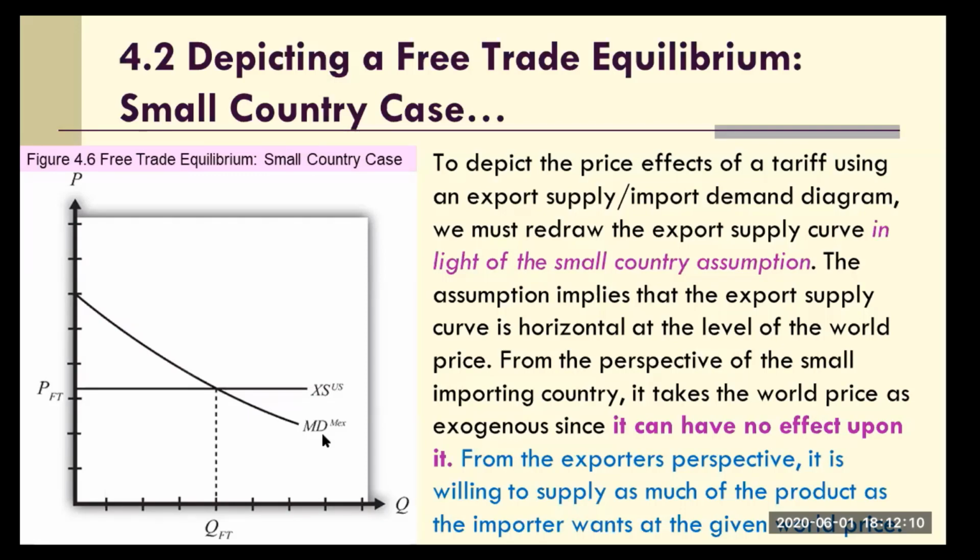From the perspective of a small importing country, it takes the world price as exogenous since it can have no effect upon it. There is no impact. Whatever change a local tariff or price makes, it cannot have an impact generally. From the exporter's perspective, it is willing to supply as much of the product as the importer wants at the given world price.